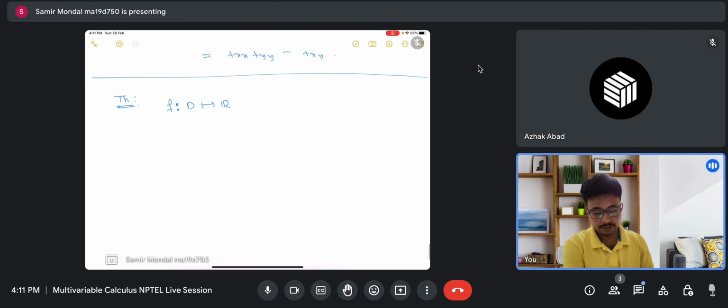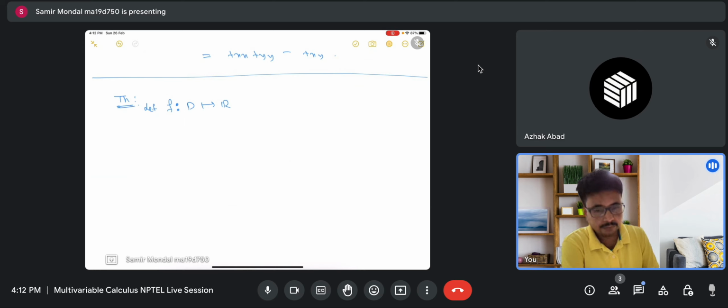So here we are talking about those functions that have continuous first and second order partial derivatives in an open disk centered at the point AB. This is the extra condition. So what is the extra condition? Suppose this is your function f.